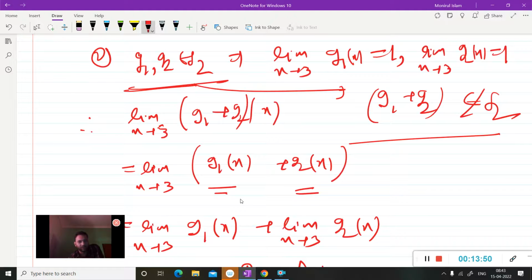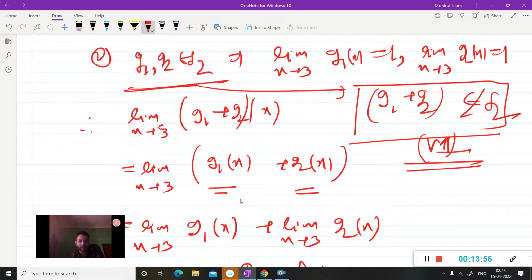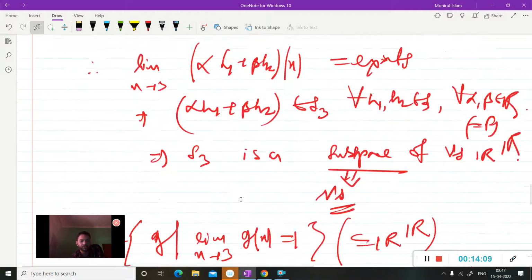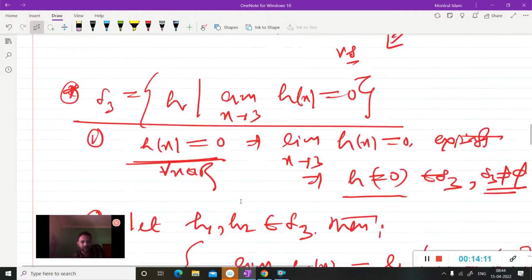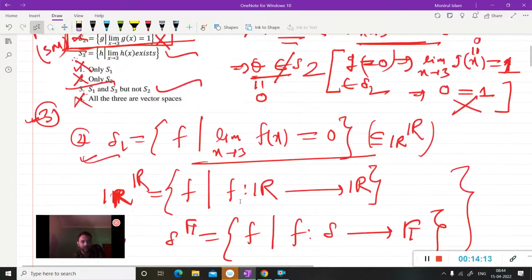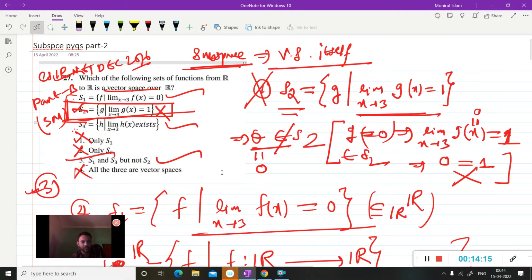So S2 is never a vector space, because the first vector space property says that if you take any two vectors, the addition must belong to this set. It will fail in this case. So I have cleared everything regarding this question, and the correct option is option 3. S1 is a vector space, but S2 is not.